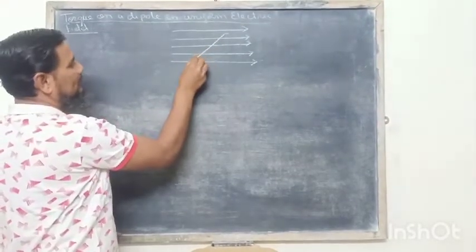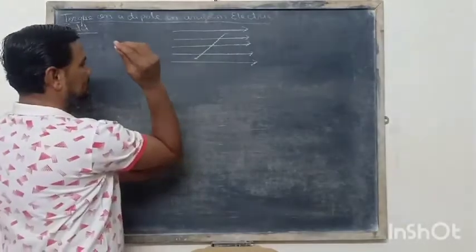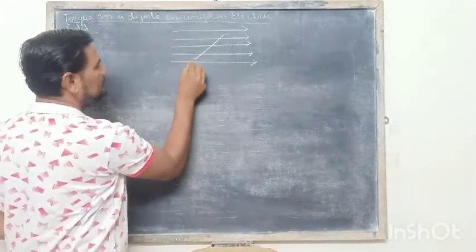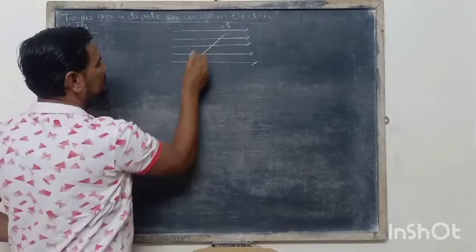This is a dipole, and this is the minus Q charge and this is the plus Q charge.